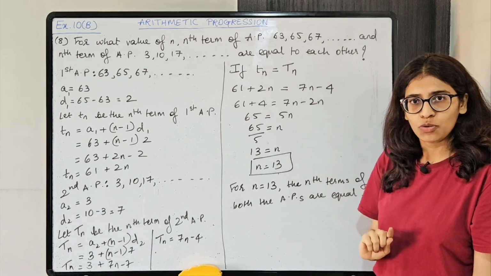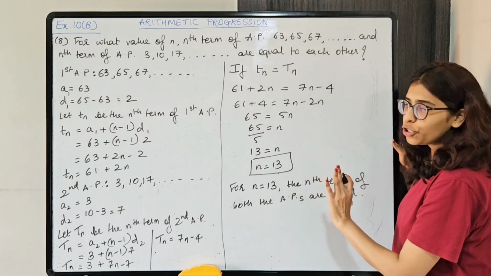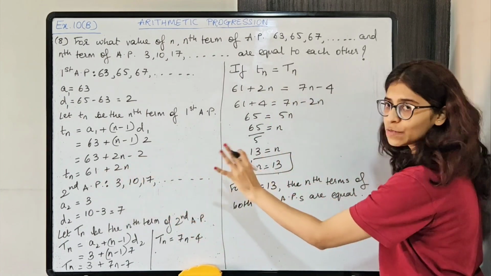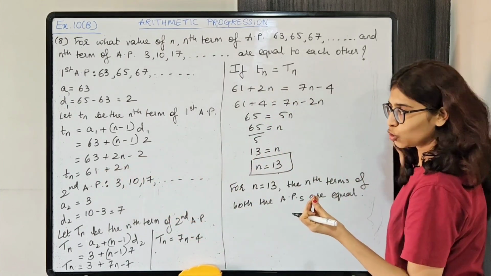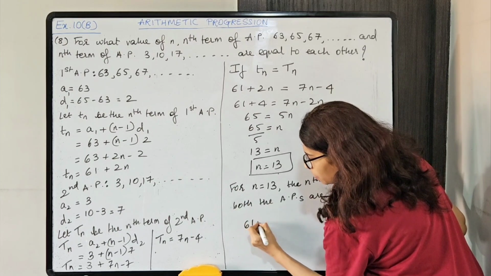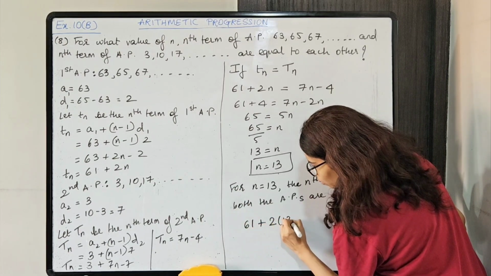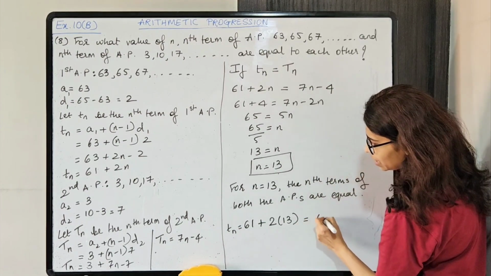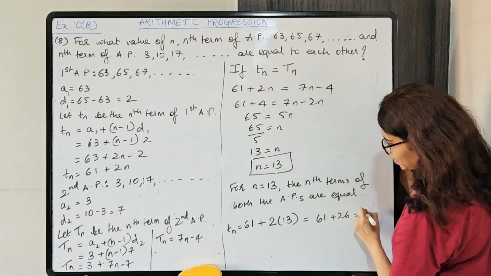Let's see if this is true. So for that what you will do, small tn में check करो. Okay, this is just for confirming whether your answer is correct or not. 61 plus 2 into 13 हो जाएगा. Okay, Tn that will give you 61 plus 26, that gives 87.